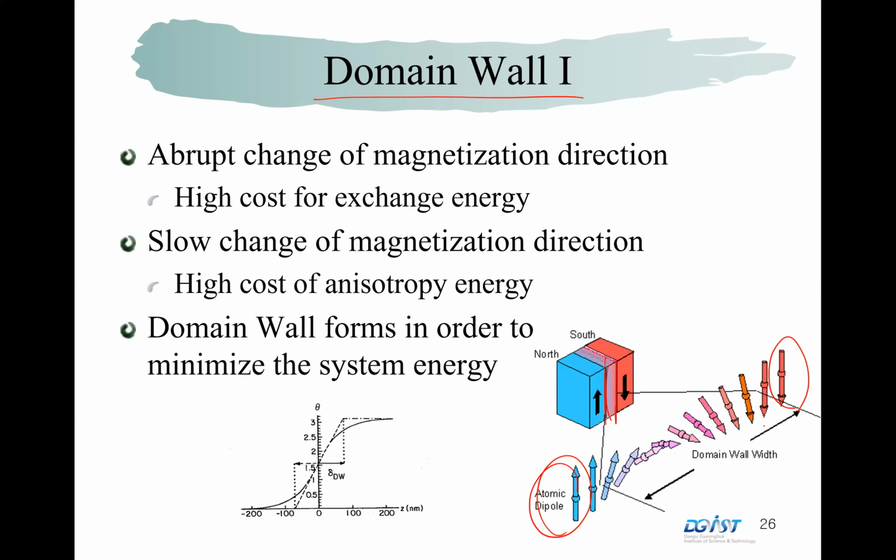And what is the spin direction between them? If you take a look at this cartoon, maybe you can say, okay, it makes sense, because the spin slowly rotates, makes a continuous variation from here to here, and finally reaches the up and down domains at the end points.